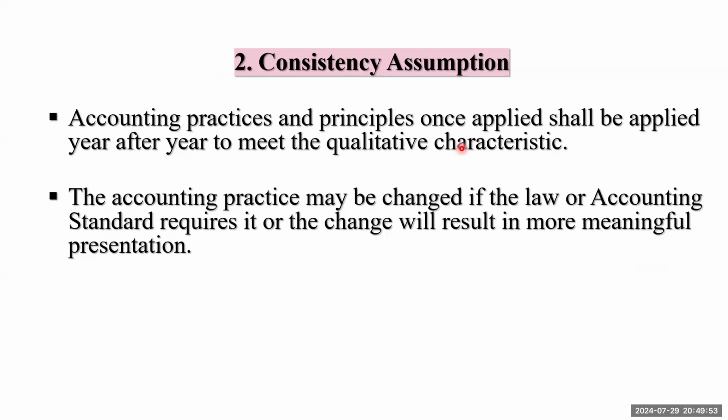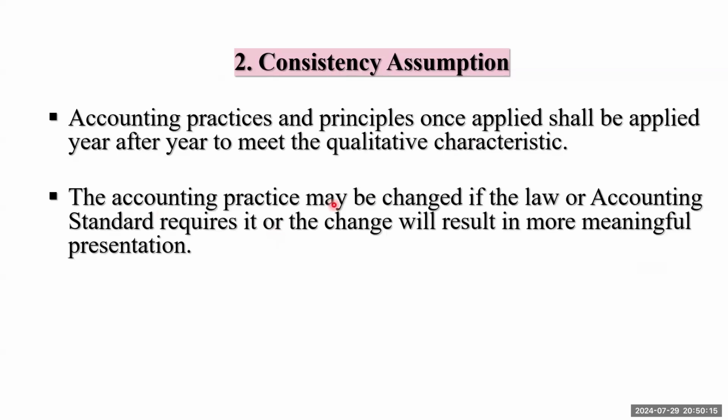However, if it becomes necessary, then it can be changed. Consistency does not mean that you won't be able to change a particular method at all. You may change it. Look at the second sentence.